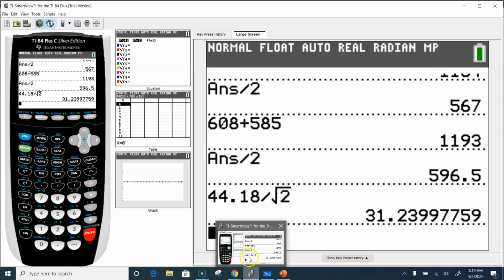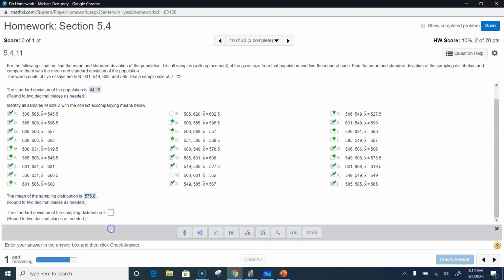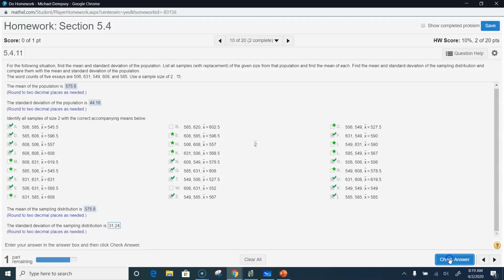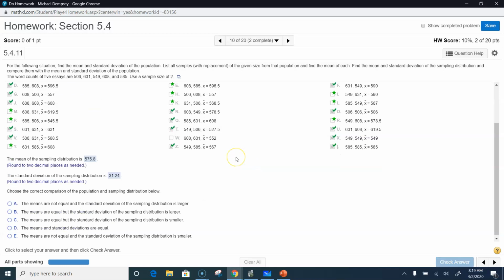And we round to 2 decimal places, I think, so that'd be 31.24. Okay, so that's all we're looking for. I'll leave the multiple choice comparisons for you to finish there.